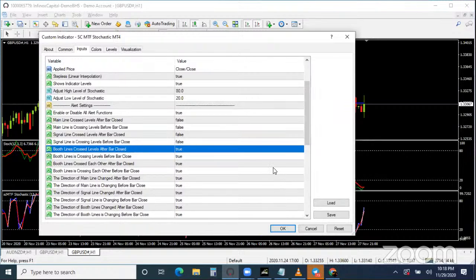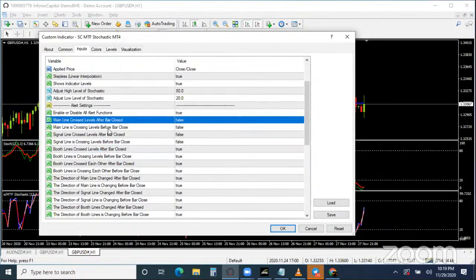Remember, I explained initially that we want both lines crossing above or beneath 80 or 20 respectively, but you could have the variation where only your stochastic line crosses and your signal line hasn't arrived, and it gives you a reason to go long. You could go long. That is a variation. If you want that, then you have to pick one of them. And I would suggest you pick after bar close, not before bar close.